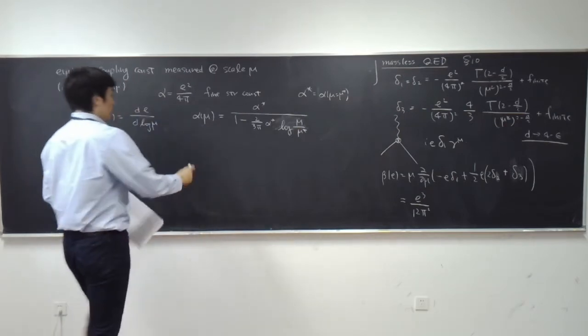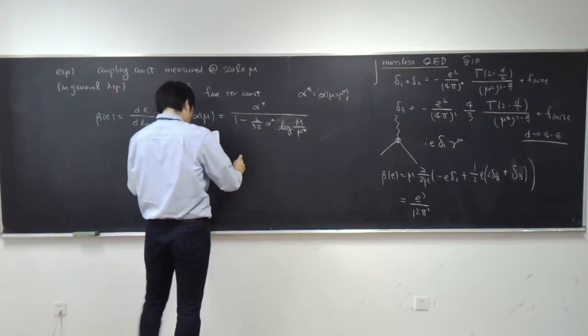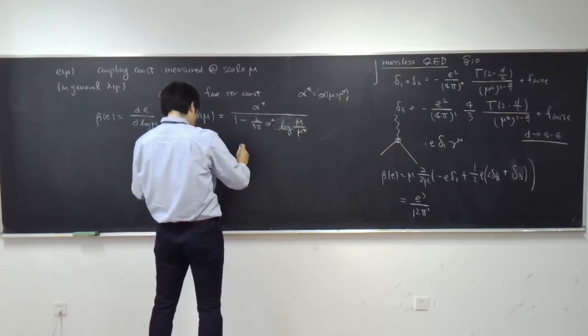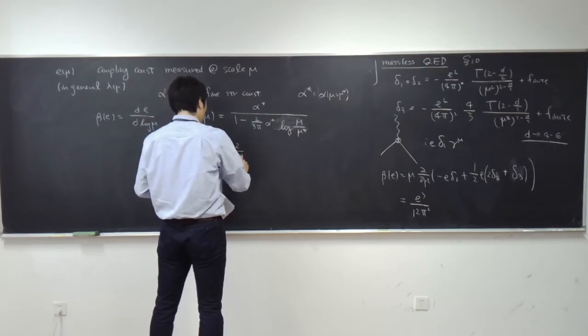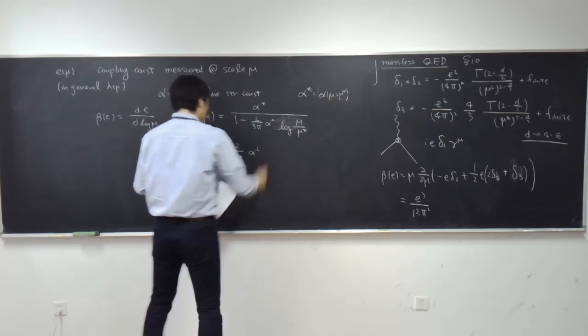Yeah, I mean, you can easily see, right? So d alpha d log mu is, if you apply this formula, easy to find 2 over 3 pi alpha squared.